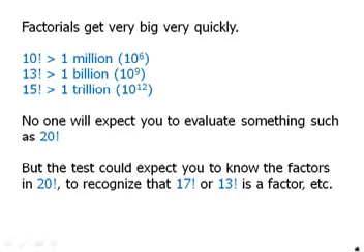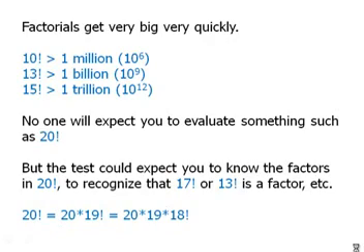So think about this. 20 factorial is 20 times 19 times 18 times 17, all the way down to 3 times 2 times 1. So we could factor out the 20 and then leave everything else multiplied together. And of course, everything else, that would be 19 times 18 times 17. So that would be 20 times 19 factorial. Now I could factor out a 19, leave all the other factors, so it's 20 times 19 times 18 factorial.